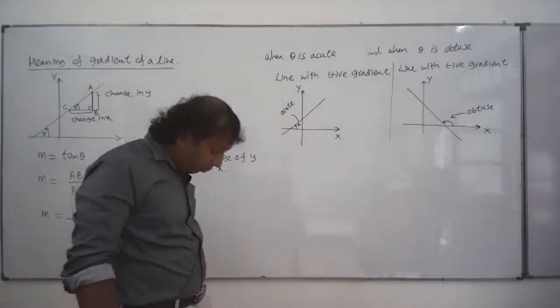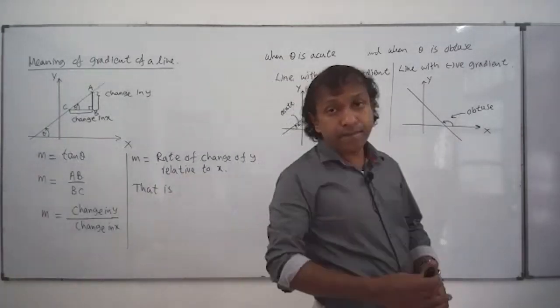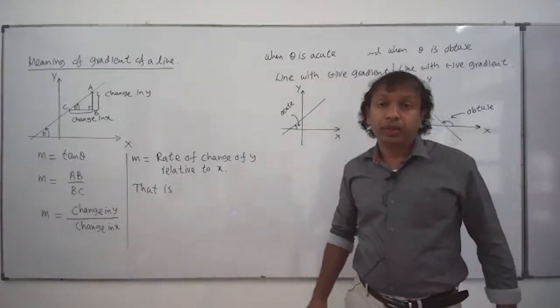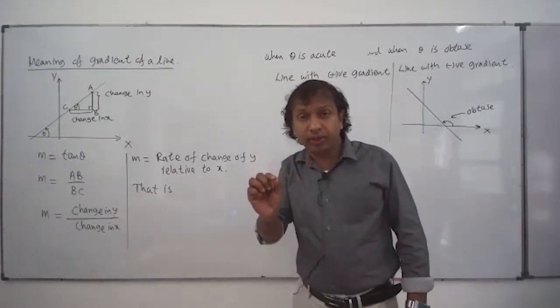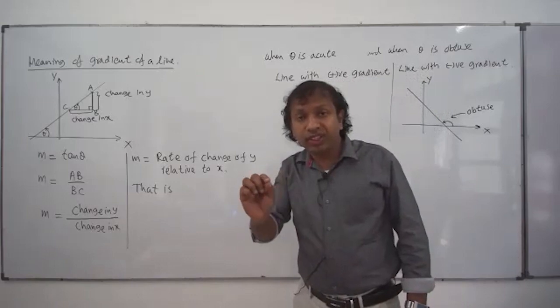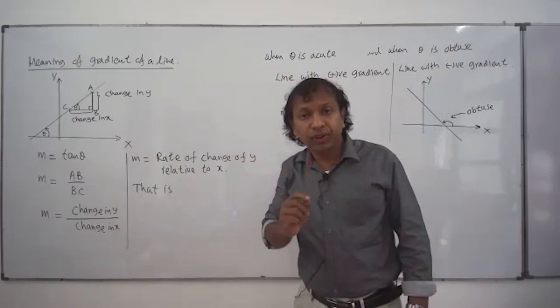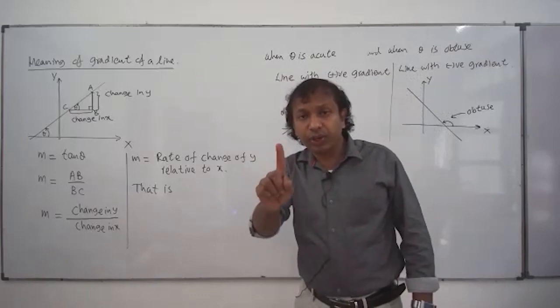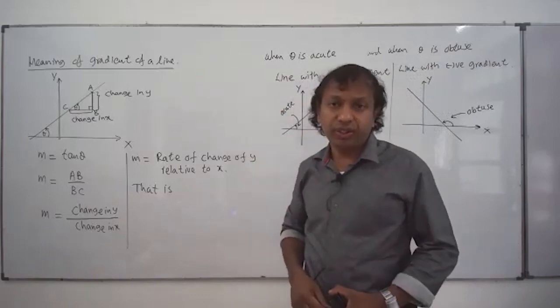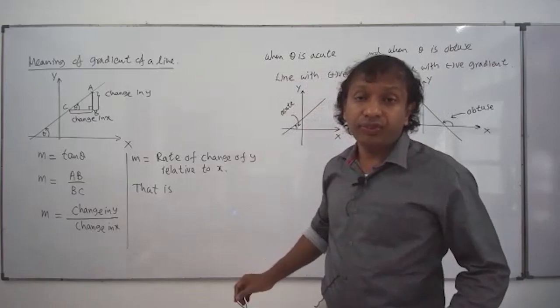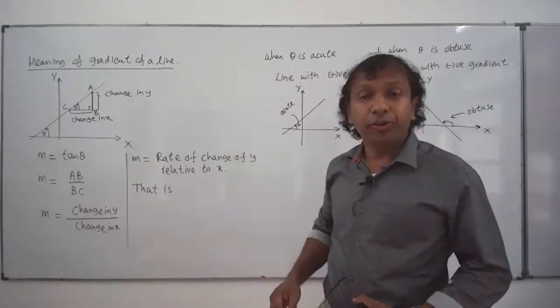The same thing we can give people how? In other words, the change of y for the change of x is 1 unit. Or in other words, when x changes by 1 unit, the corresponding change in y is the rate of change of y relative to x.